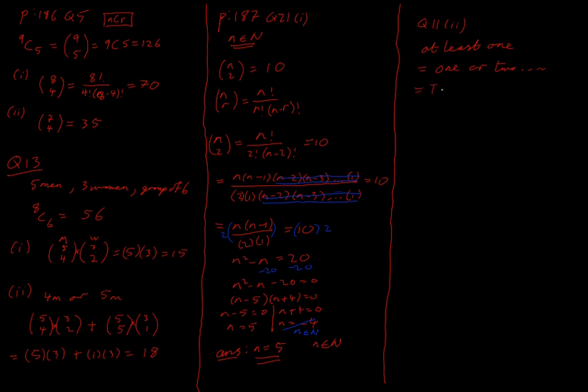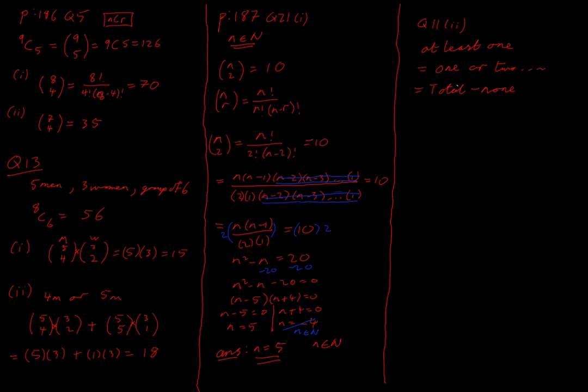It could also mean the total number of ways of doing something minus none of the thing we're looking at. So in the example, we could have 1 or 2 vowels, or we could find out the total number of arrangements possible and subtract away the number of ways that you could have no vowels.